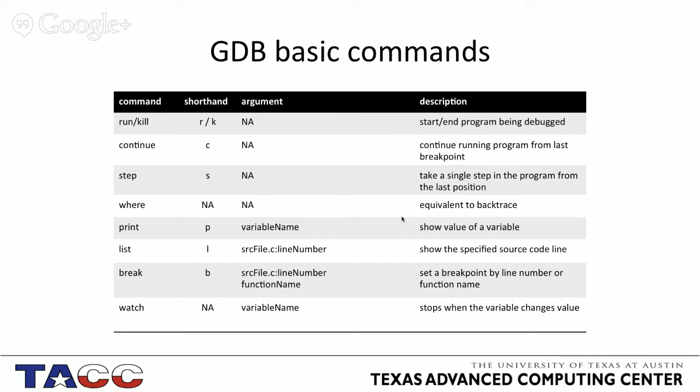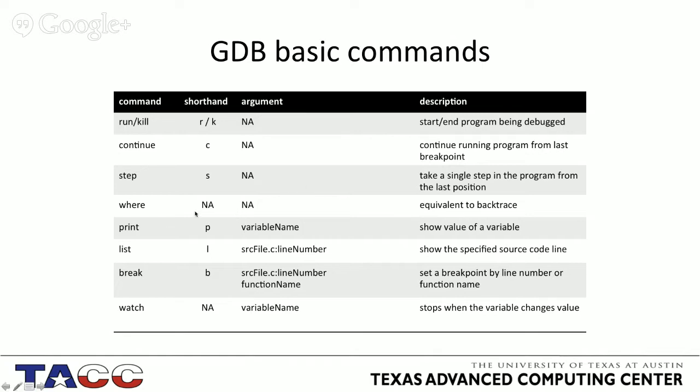And as you step through the code, you can look at data. You can look at your variables with the print command. List will show you the source code as long as you compile with -g. If you didn't compile with -g, I don't think list will show you anything but where you are in the stack trace. So break is how you set a breakpoint, and you can watch a variable name.